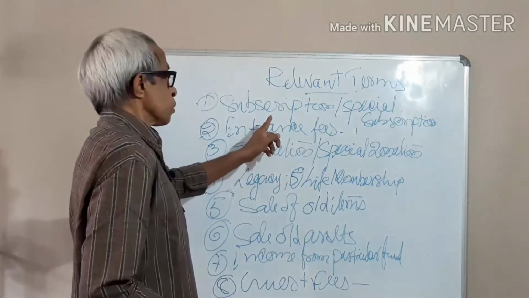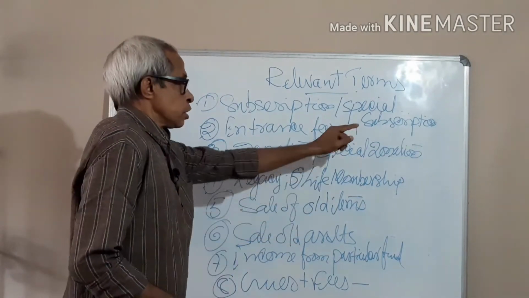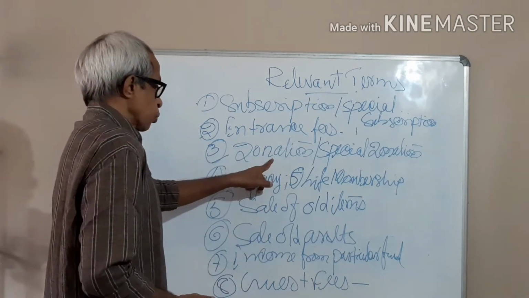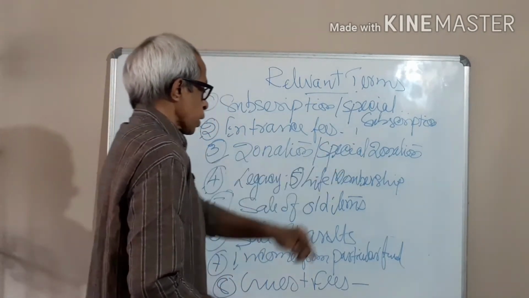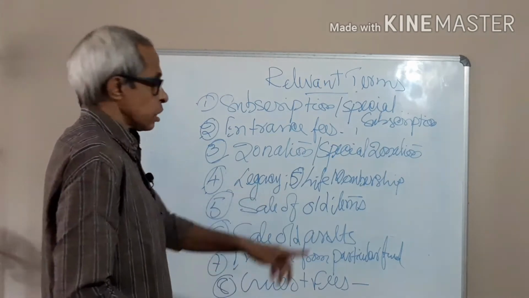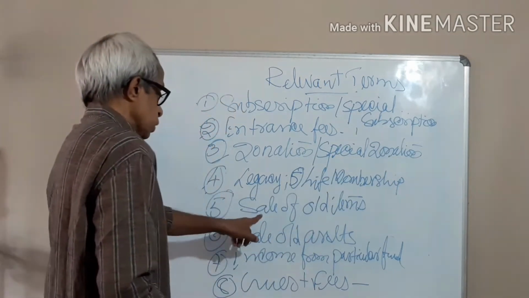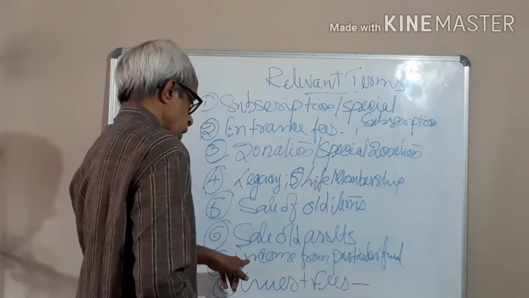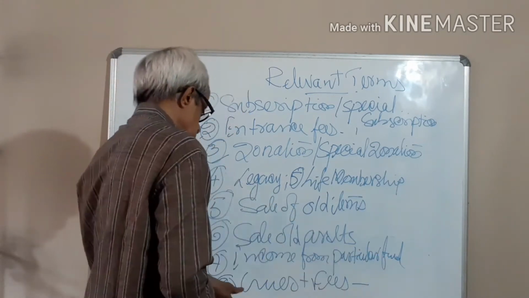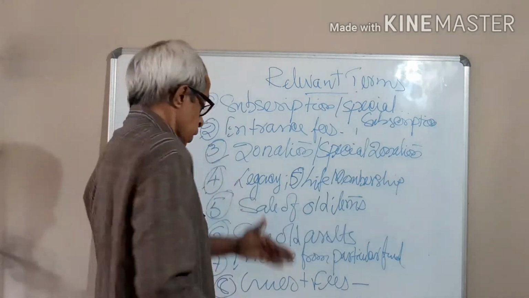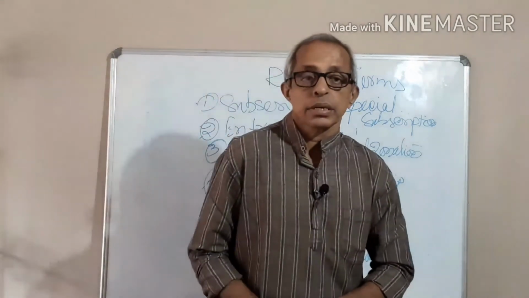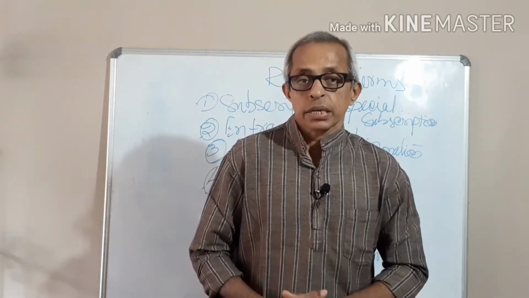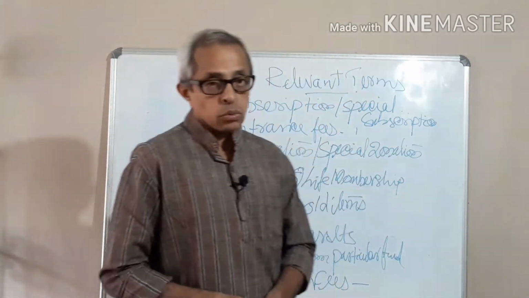They are subscription, special subscription, entrance fees, donations, special donations, legacy, life membership, sale of old items, sale of old assets, income from a particular fund, and guest fees. These 8 items may be looked into while preparing income and expenditure account.